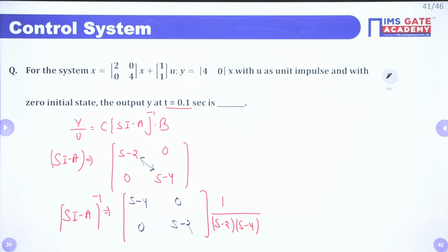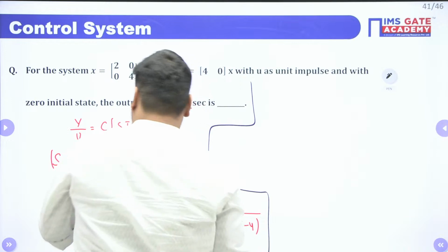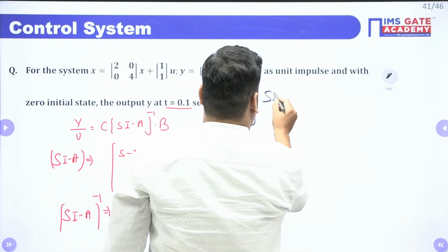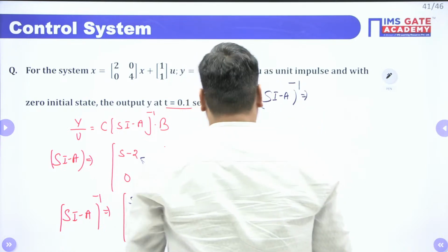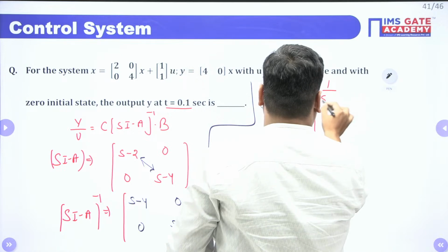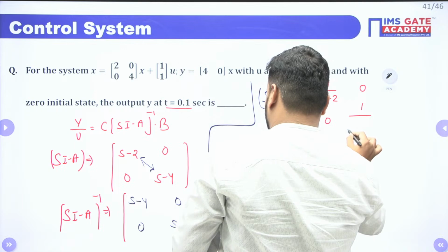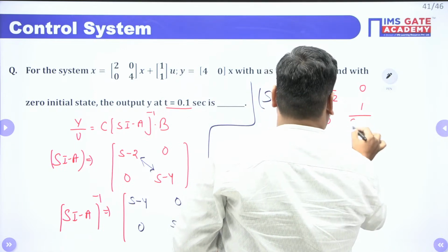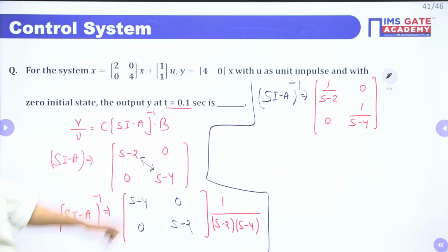So now, student, this is sI minus A inverse. Its value will be 1 upon s minus 2, 0, 0, and 1 upon s minus 4. Now you have to multiply with B also.